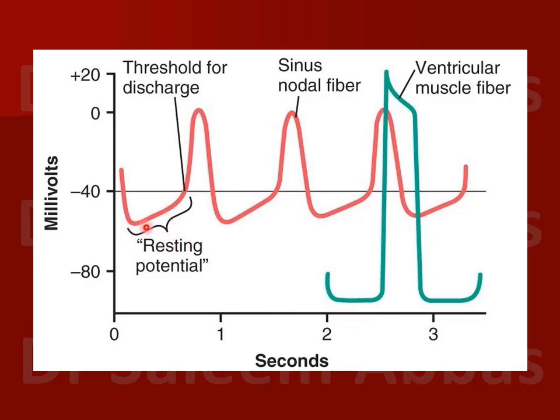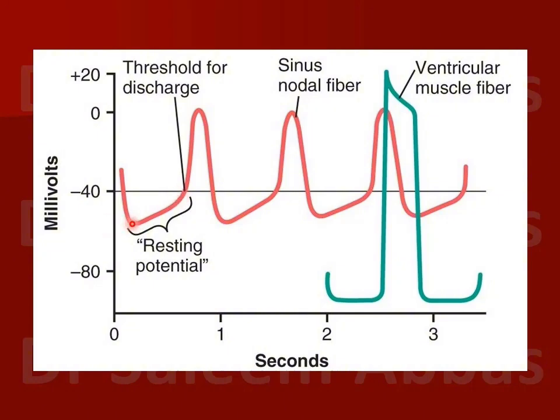But look here, even without getting stimulated, this RMP is not stable. And you see the negativity inside the nodal fiber gradually decreases from -60 or -55 to -40.